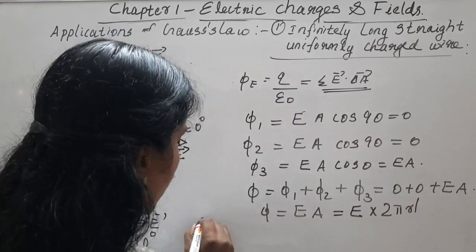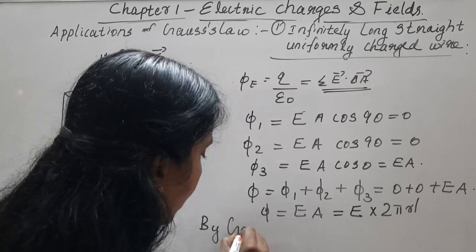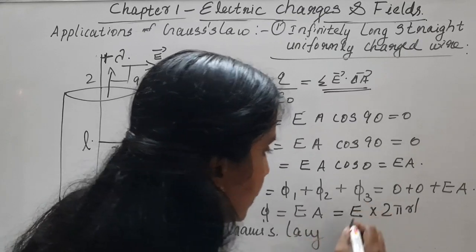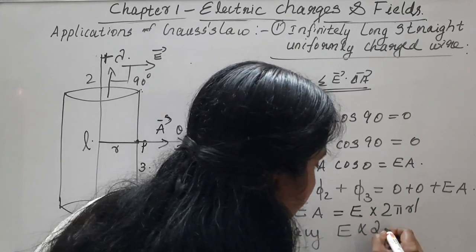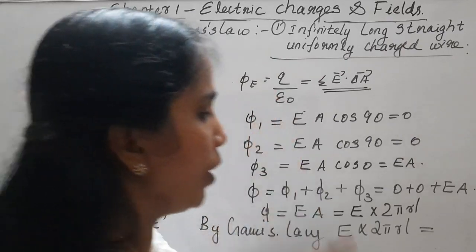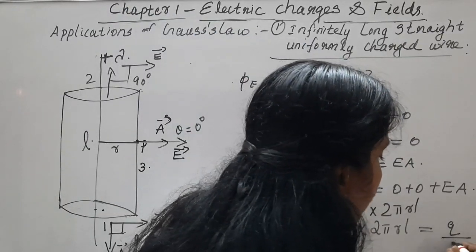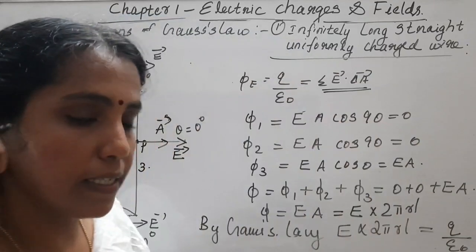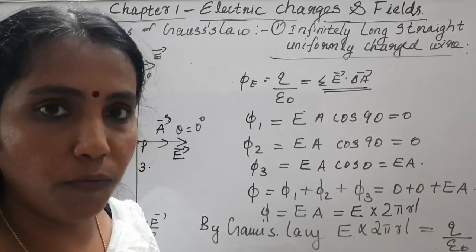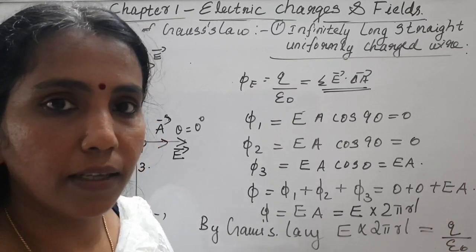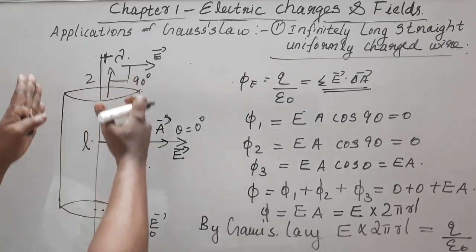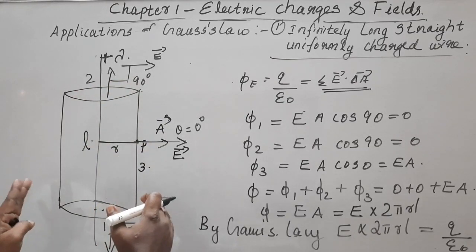So by Gauss's law, we have E into 2 pi RL is equal to Q by epsilon 0. So it's this Q we need to find. What is Q? As per the statement of Gauss's law, Q is the total charge enclosed by the surface. Here the cylinder is the surface.